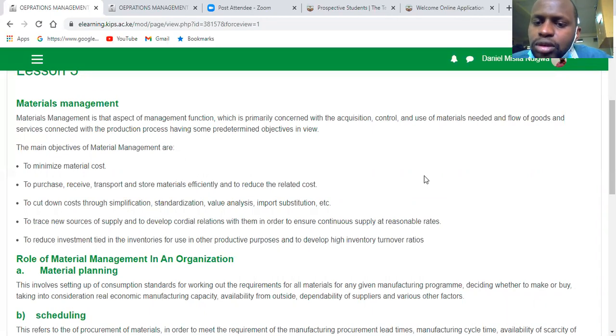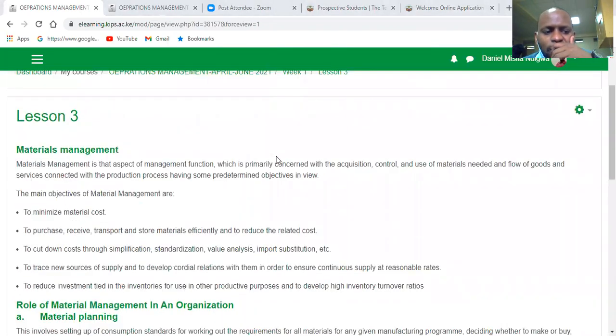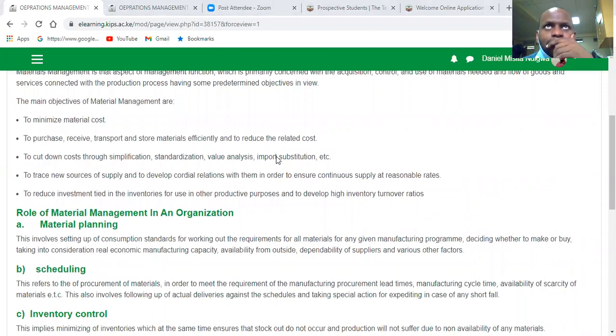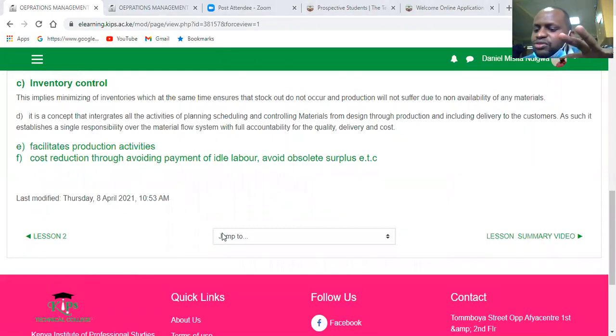Yes. On the question about the restricted sense. Suppose there's a question in a next exam, how do they normally ask that question? I could not understand anything about the restricted. You see, we have operations management. It can be divided into two. We have the restricted sense, which is restricted to management only, the aspect of management.